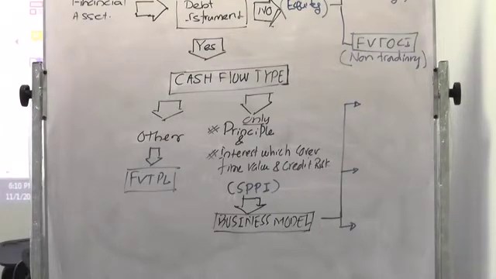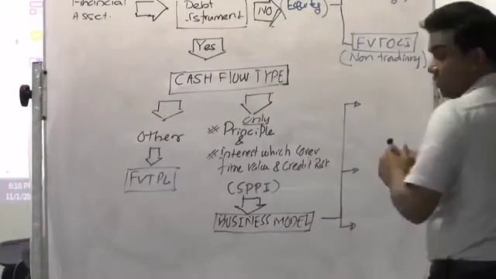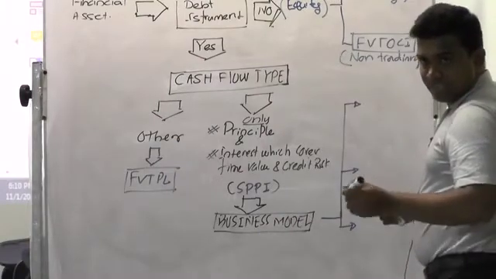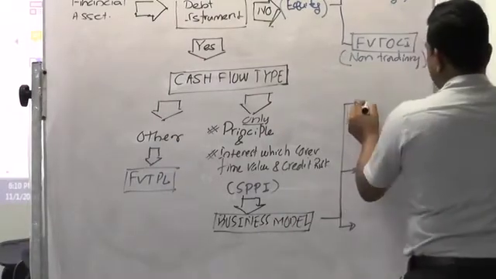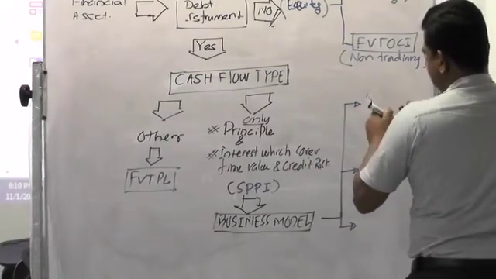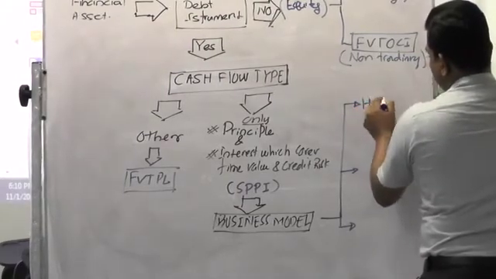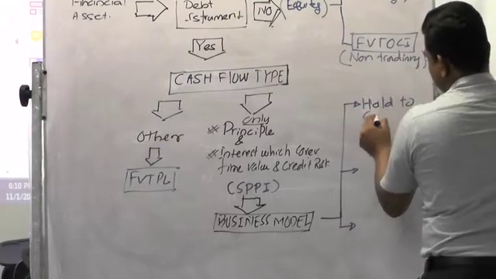How long means, are they going to trade within 1 year, or keep more than 1 year, or keep up to the maturity? Therefore, one business model may be keep up to maturity, which we call hold to collect.